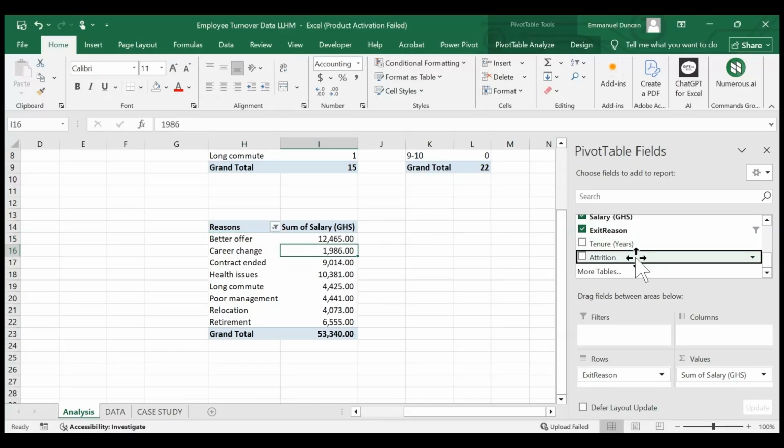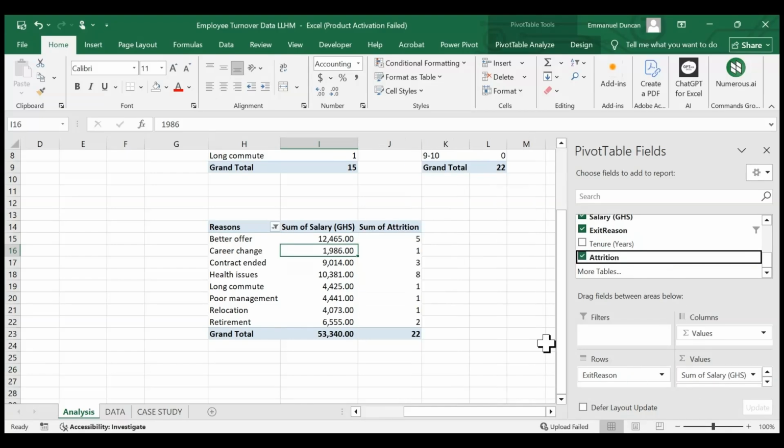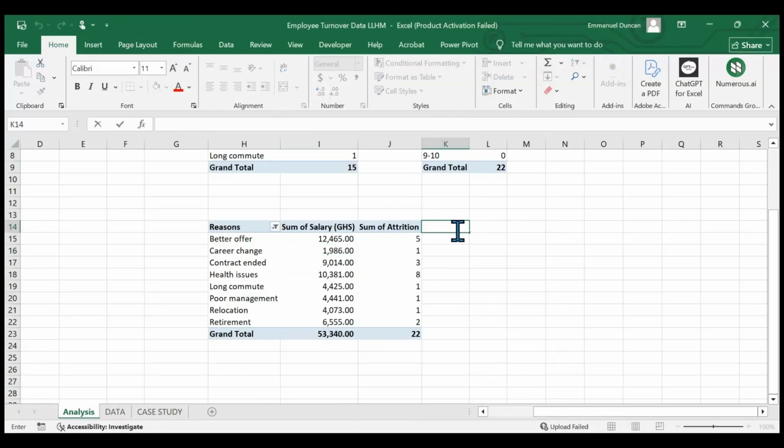Let's drop our attrition here too as well. So we are going to calculate for the average salary by each employee that had left.